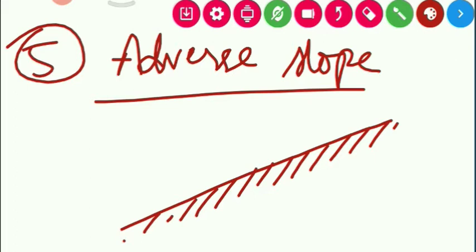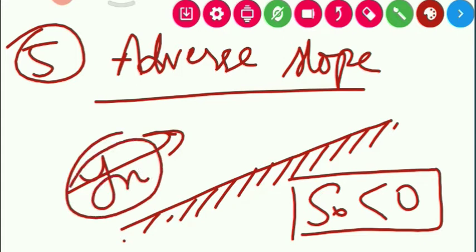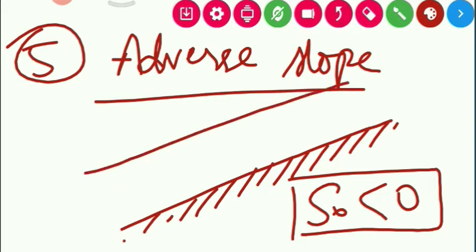Here the channel bottom slope will be less than or equal to 0, and the normal depth of the flow does not exist, because whenever the water tries to flow over it, it cannot achieve its normal depth of flow. Here the critical depth will be assumed to lie somewhere over here.